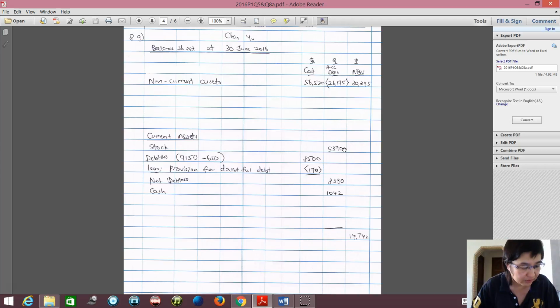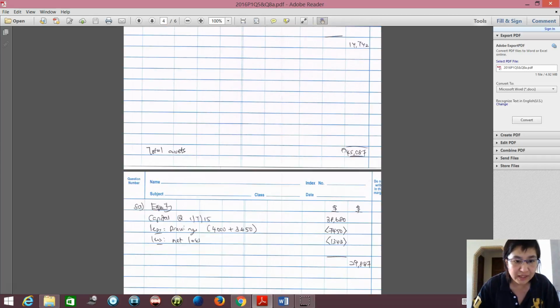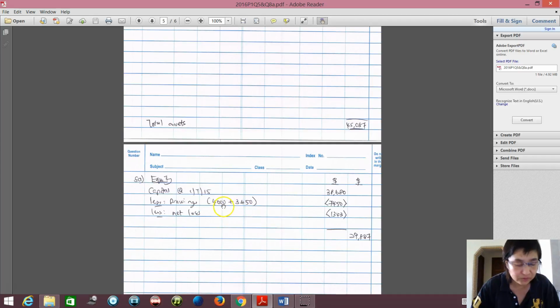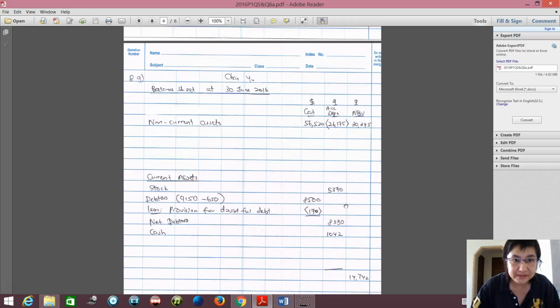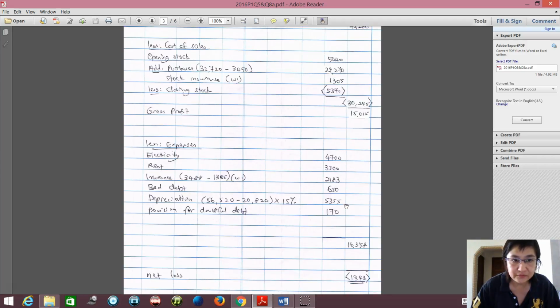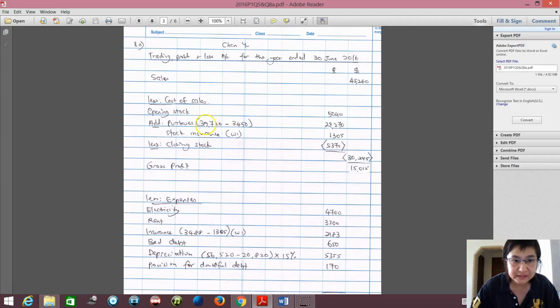Then number 3, Chan Yu took stock, so that means he indirectly drew out resources from the company. So drawings will be 4,000 as stated in the question plus 3450, which is his stock drawing. So his total drawings is 7450. That means the purchases for business, for selling to customers, is 32720 minus 3450.